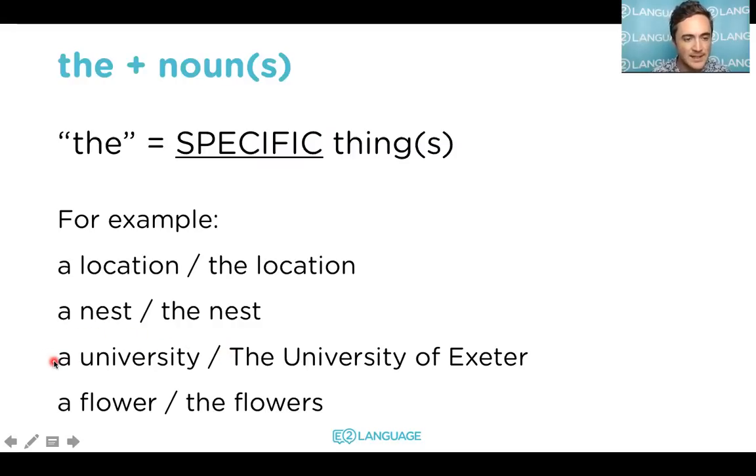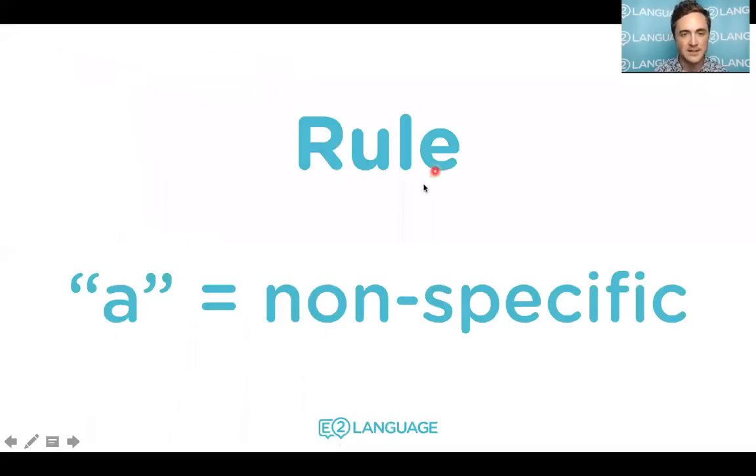Here we can clearly see that this is non-specific. It's not referring to any specific particular thing, it's referring to any university, but here, the University of Exeter, it is definitely specific. And here we have a plural, a flower versus the flowers. The refers to specific thing or things.